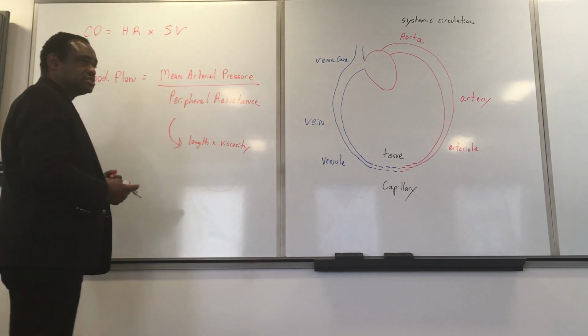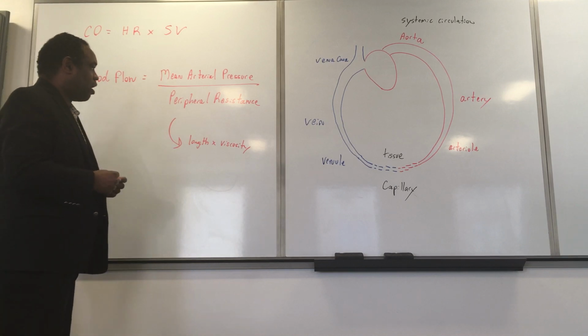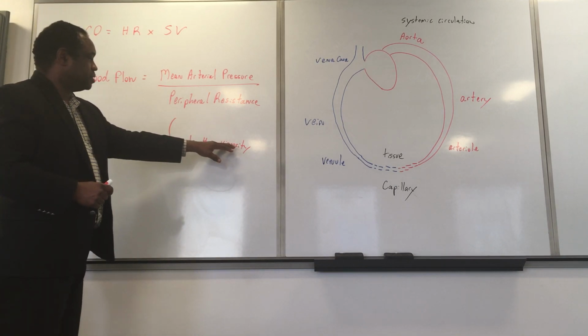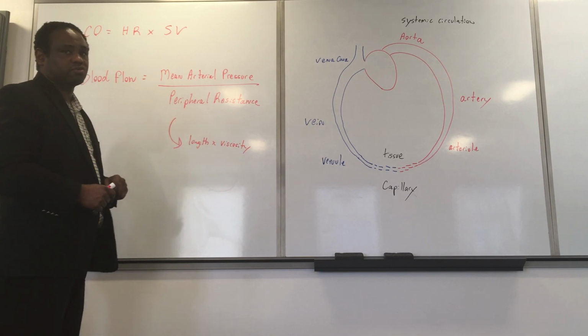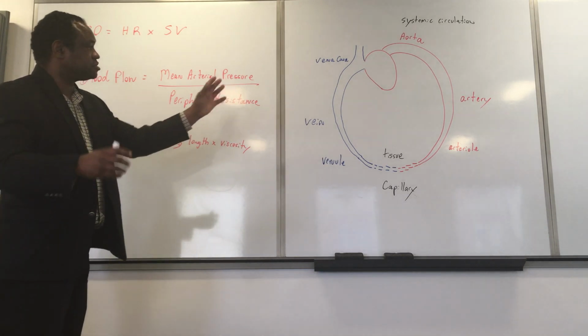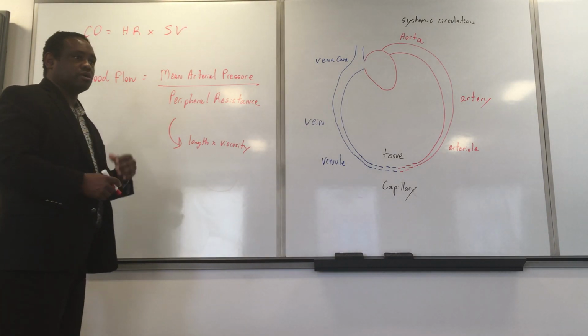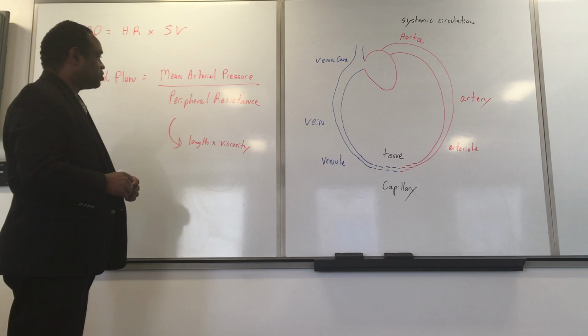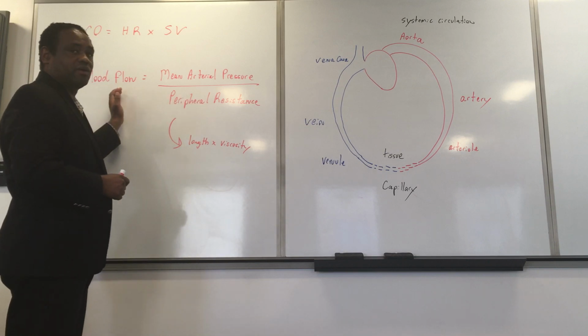What does viscosity mean? Thickness. Both are directly proportional to peripheral resistance. You increase the length of this system, that's more you have to go through to get to your destination, so that's definitely a force against flow.